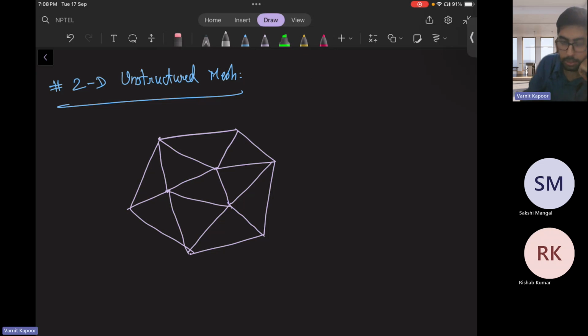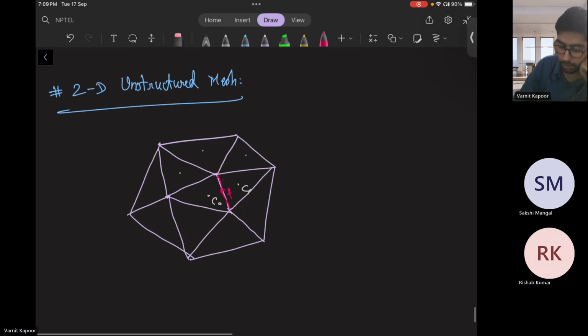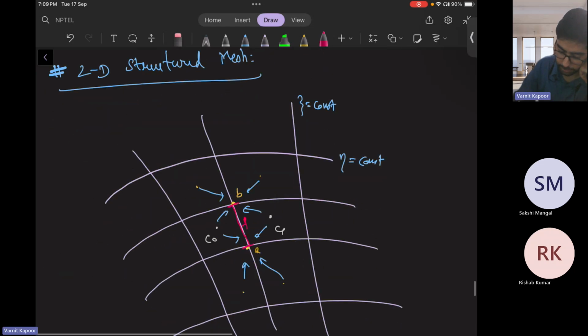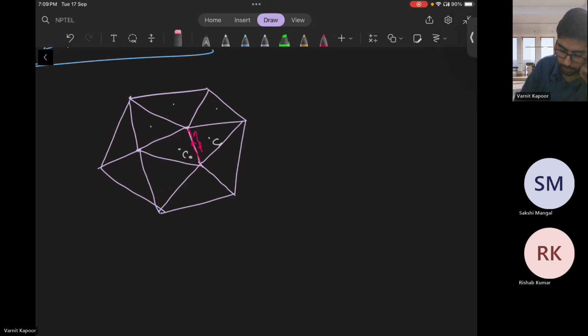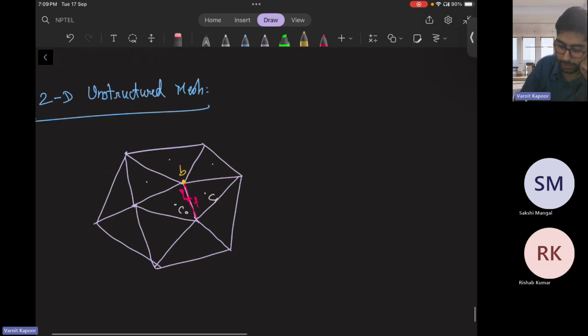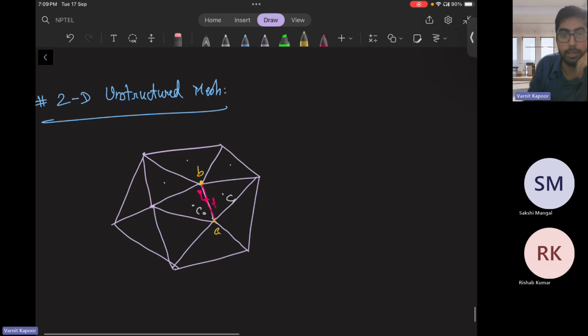Some unstructuredness is there. And this is your cell C0, suppose. This is your C1. Then all other neighboring cell centers, centroids. This is your face under consideration F, pointing in eta direction. And this is your point B. This is your point A.